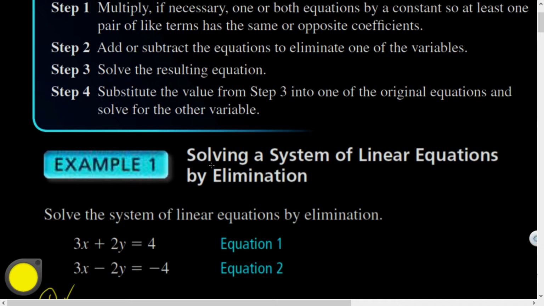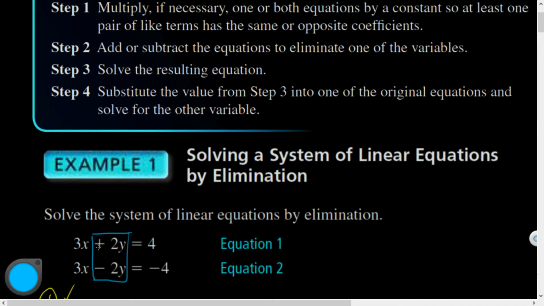So why is step one done here? Well, step one is done because, notice in this problem, the two y's have opposite coefficients. Actually, I'll even highlight them just like we would lock on before. The y's have opposite coefficients. Coefficients are the number in front of a variable, right, that are being multiplied by that variable.